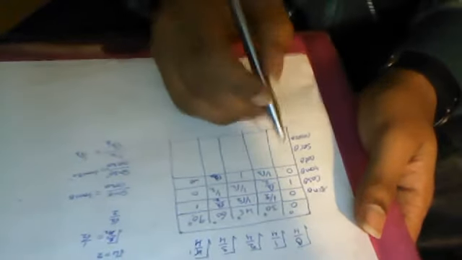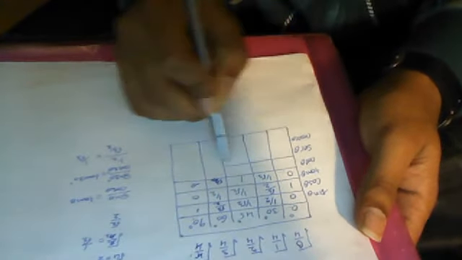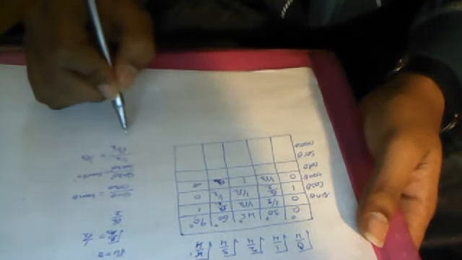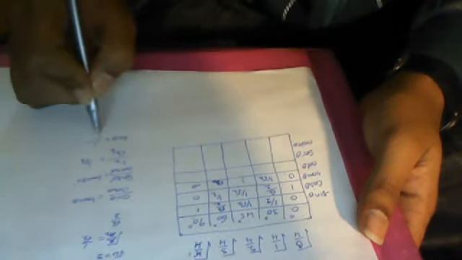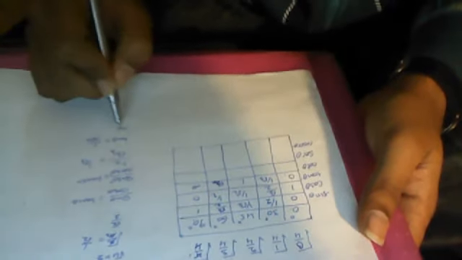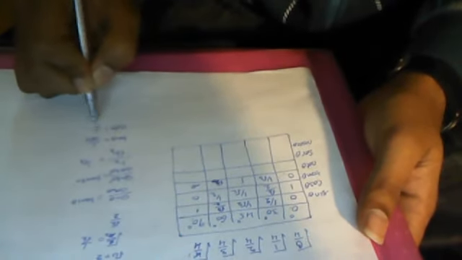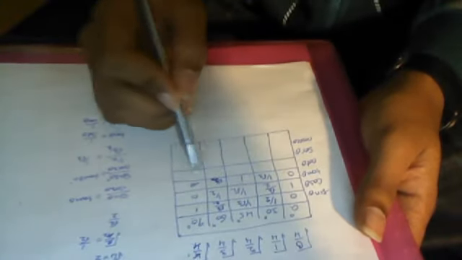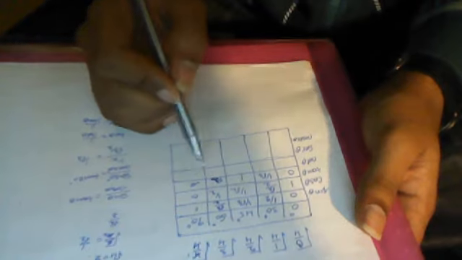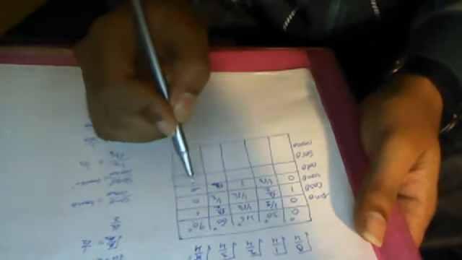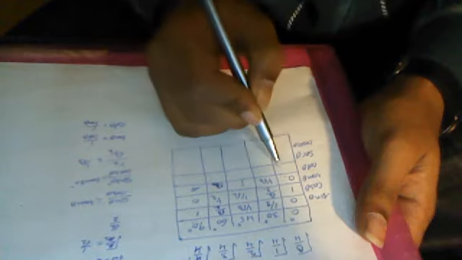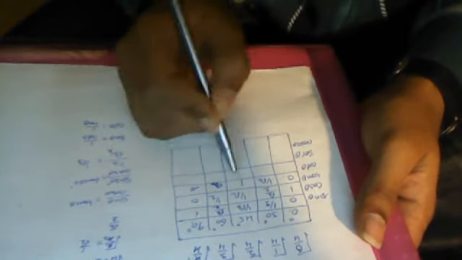Now let me come to cotangent. We know from the trigonometric identity that tan theta is equal to 1 over cotangent. So I can write cotangent equal to 1 over tan theta, which means that if I invert these values we'll get the same thing. Or you can do one more thing: just take the values from 90 degrees and put them at 0 degrees, 60 to 30, 45 to 45.